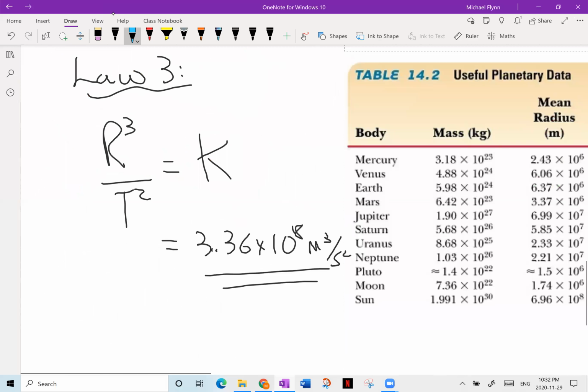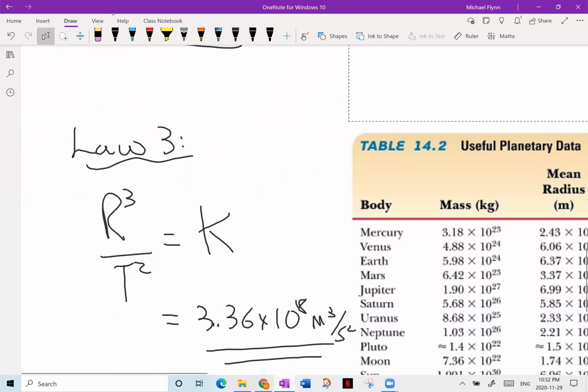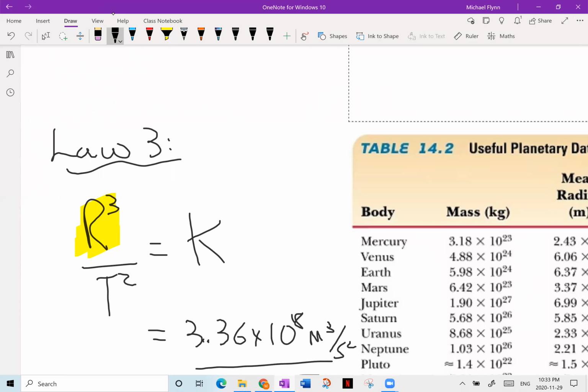All right, now the third law is kind of interesting. If you take the mean radius of orbit, okay? So if I were to draw an orbit for you here, like this, here's the sun here, let's make it red. It's like Superman's sun, like my home planet, guys. I come from a world with a red sun, okay?